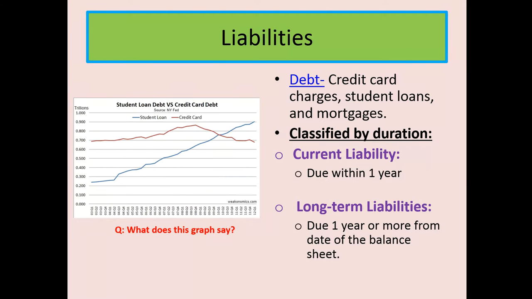What's interesting about the relationship between short and long run debt is that due to student loans, there is more money outstanding in student loan debt than there is credit card debt. And that occurred around the first quarter of 2010. So since 2010, the biggest debt problem facing young people is no longer credit cards. It is also student loans.